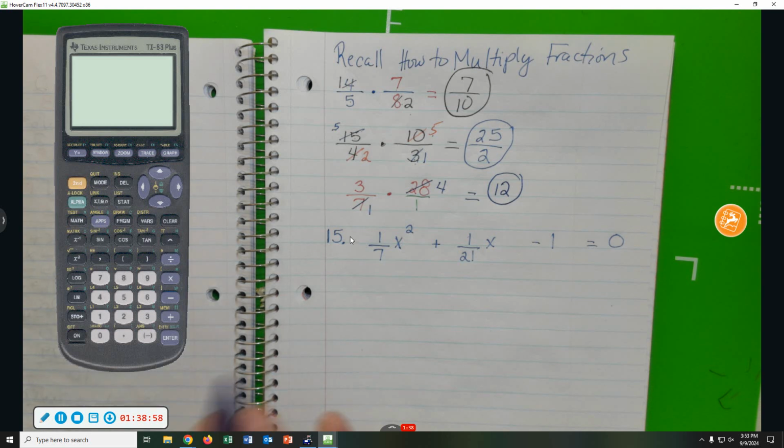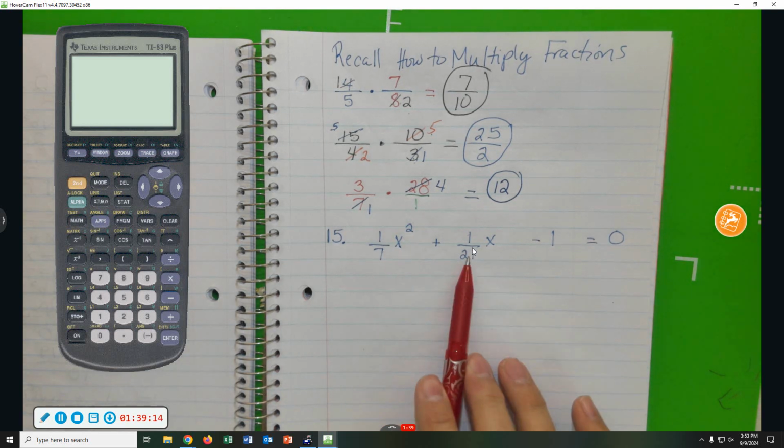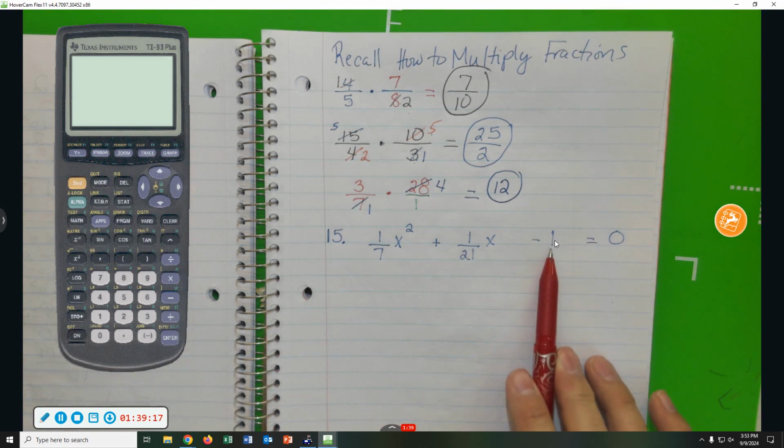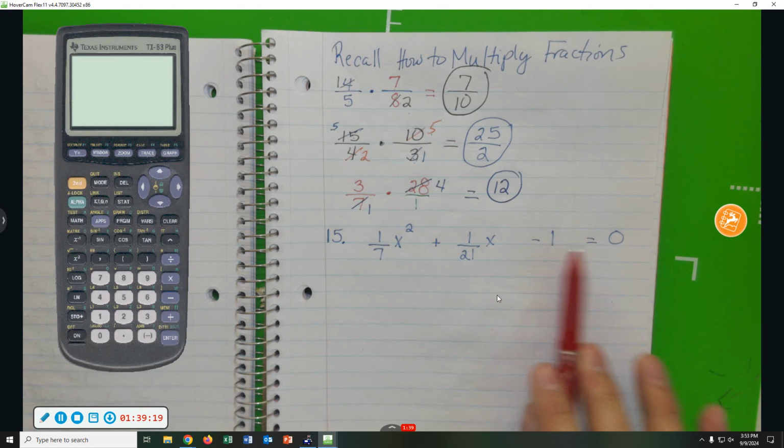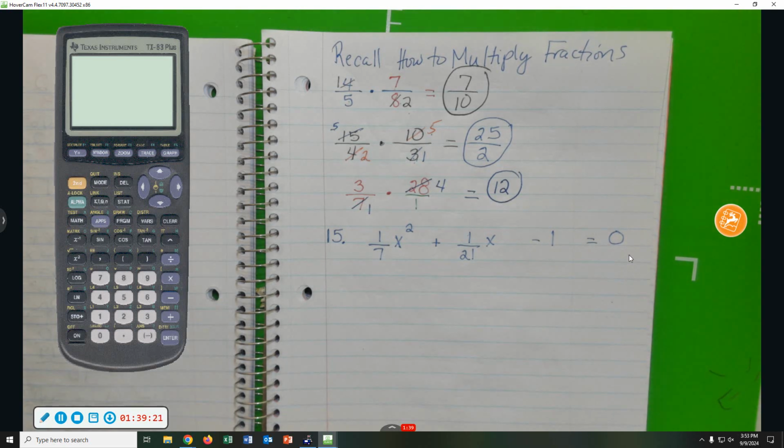Because you can't say I'm going to multiply this term here by 50, because then you've got to multiply every term by 50. You're not just multiplying the things with the fractions. You're going to have to distribute, even to the things that don't have a fraction.